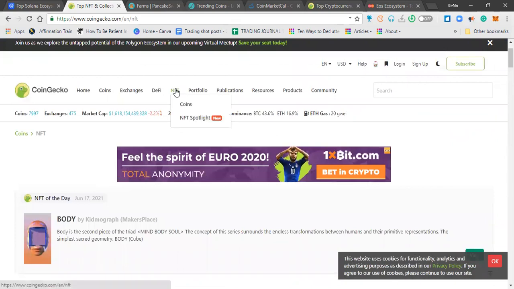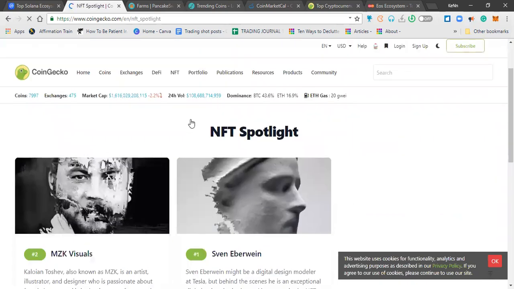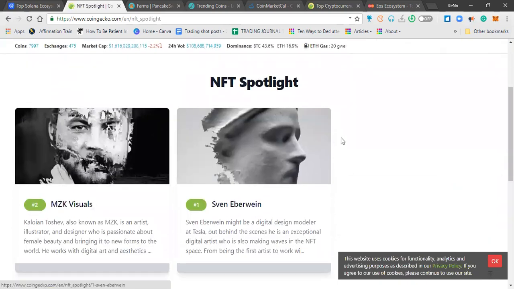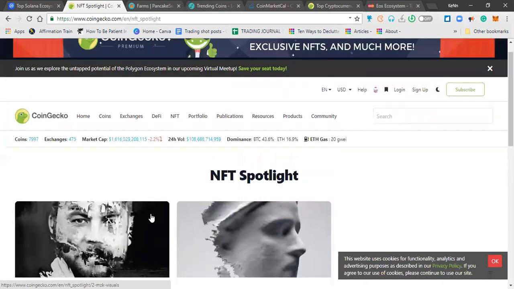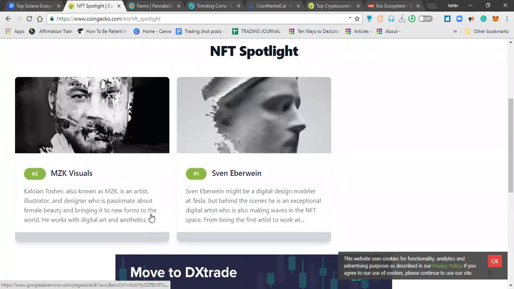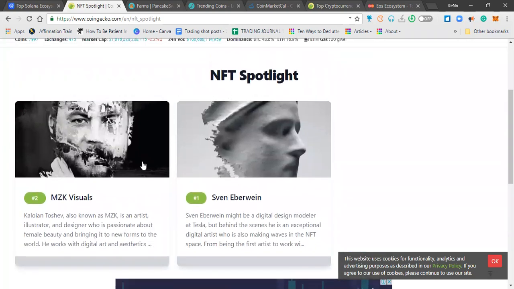Now come to NFT again. Let's go to Spotlight. Okay, you heard that NFT is a digital piece of artwork, right? So here now you have the Spotlight, meaning the NFT for the day. NFT Spotlight. So let's read about this.